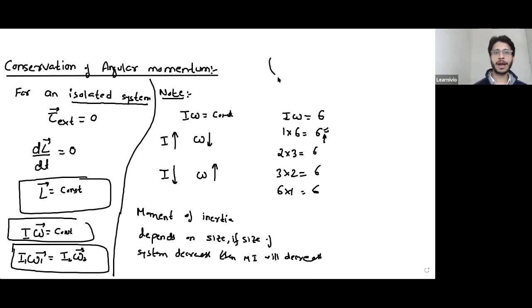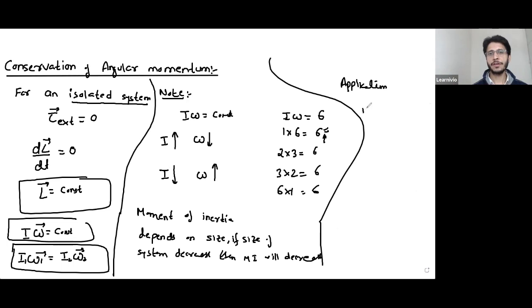If I take some practical applications of this conservation of angular momentum, let's take the first application, the rotation of Earth. When Earth is rotating, it's basically an isolated system. No torque is acting over the Earth during rotation.